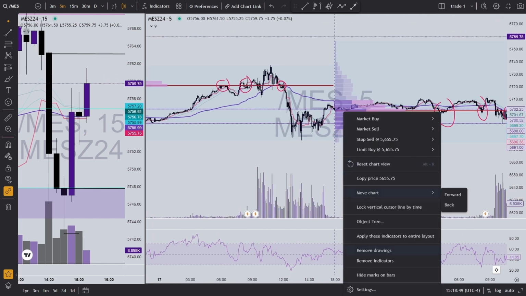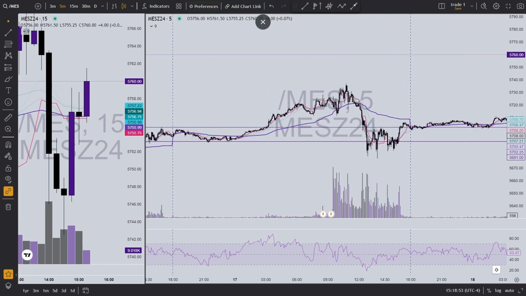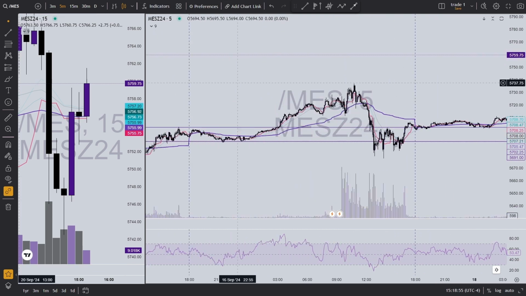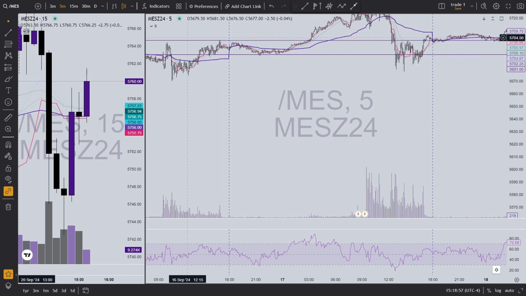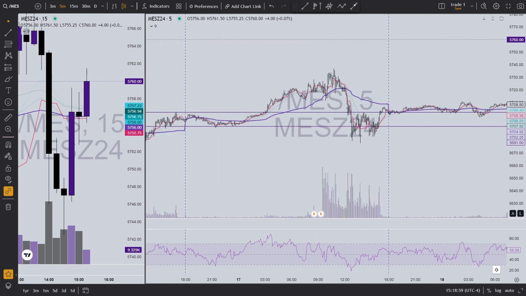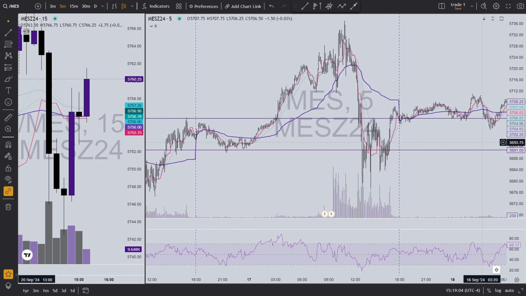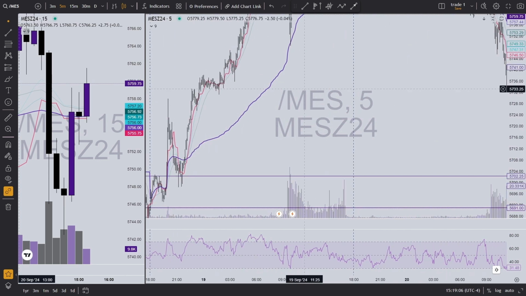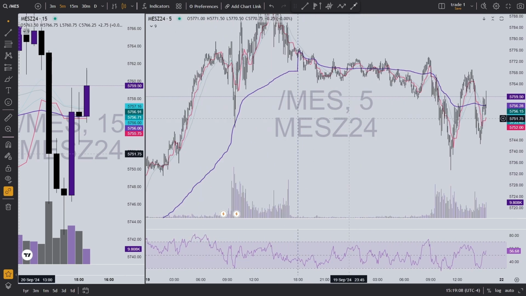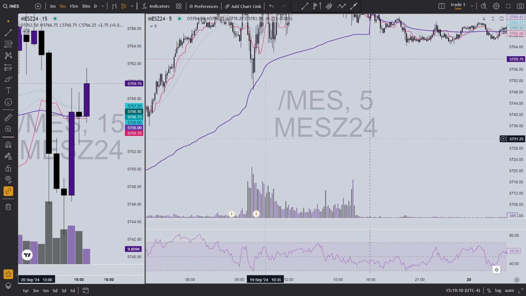So if we clear this real quick, we'll remove all the drawings. Essentially what I do when I come in is mark my key levels throughout my day on the chart, but we'll keep it a little bare to have a cleaner reference. And let's utilize yesterday.